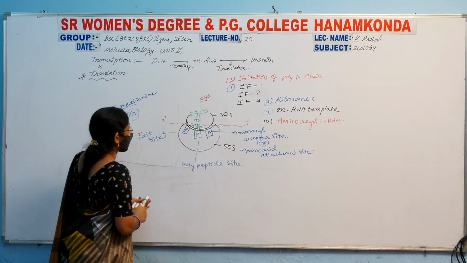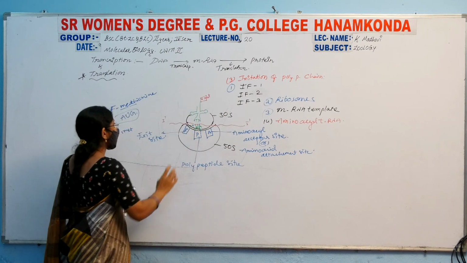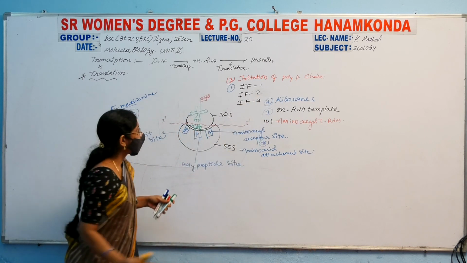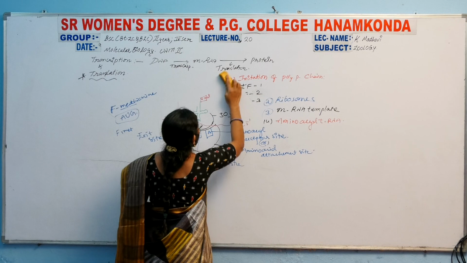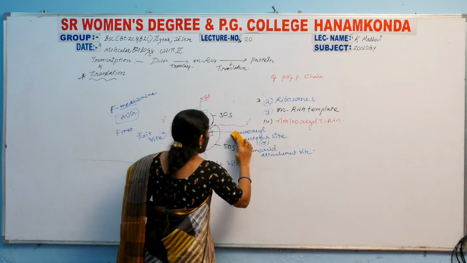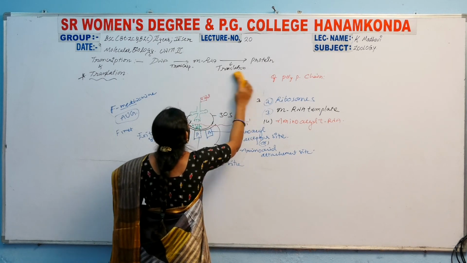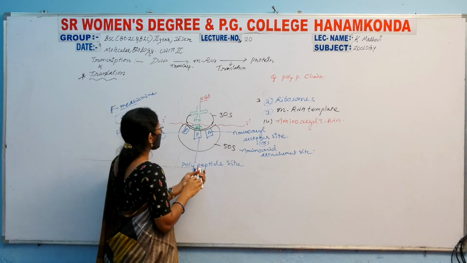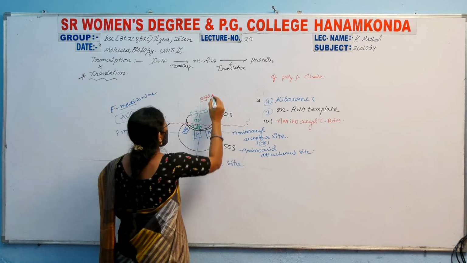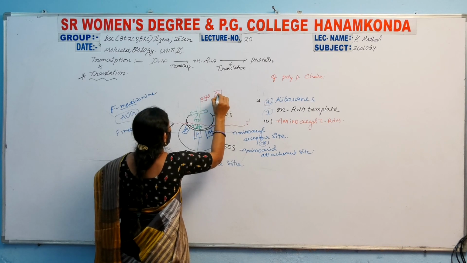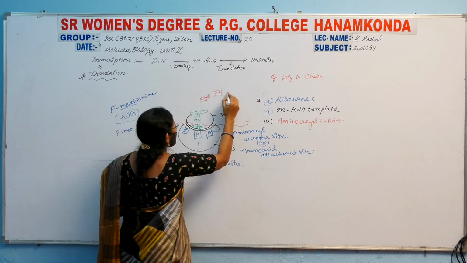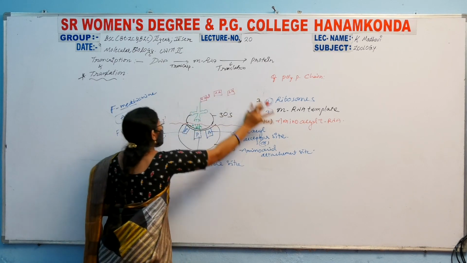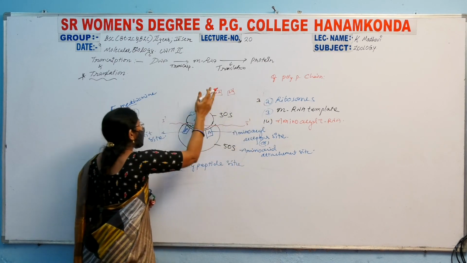Now this site slowly moves on, and next in the amino acid pool, there are other amino acids. For example, here is another amino acid, and here is another amino acid. In this amino acid pool, there are so many amino acids.